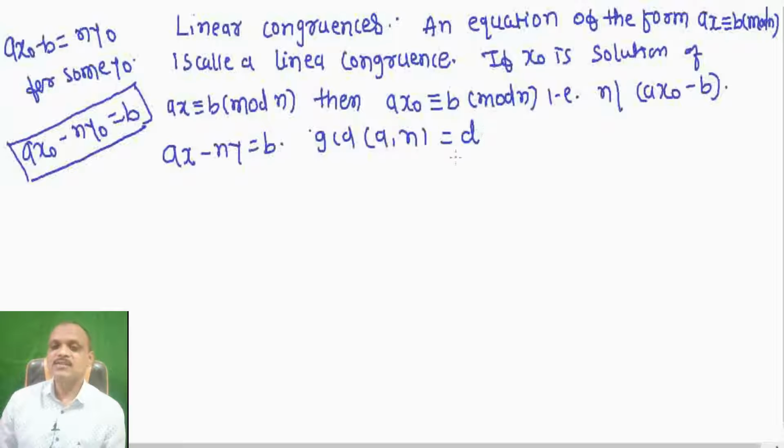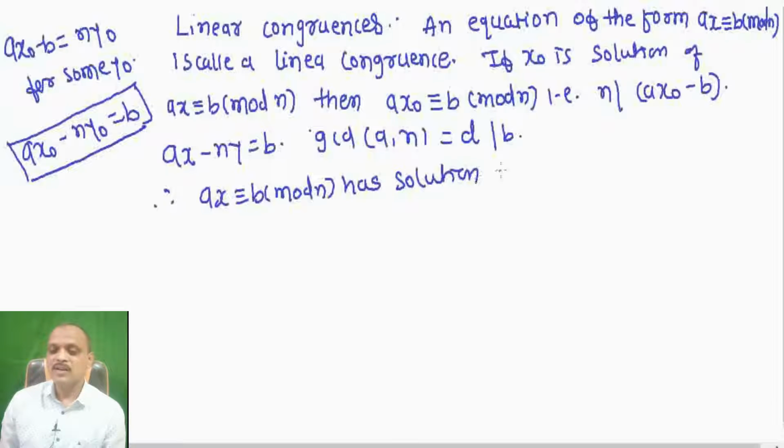If this greatest common divisor d divides b, then this equation ax minus ny equals b has a solution. So therefore we can say that ax congruent to b modulo n has a solution if and only if d is a divisor of b, where d equals gcd of a, n.